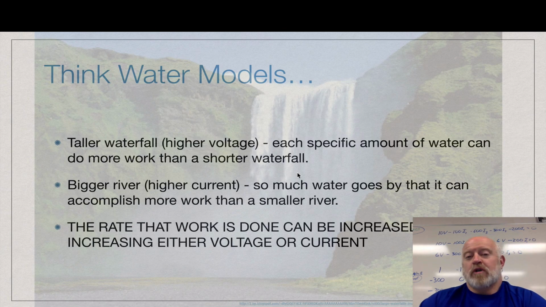A short waterfall with lots and lots of water could generate a similar amount of power as a taller one, depending on that flow of current. So keep in mind that the work that we do here can be increased by either increasing the voltage or the current. We have the ability to vary voltage or vary current in our circuitry by adjusting resistance, which allows us to generate the amount of power that we want to have.